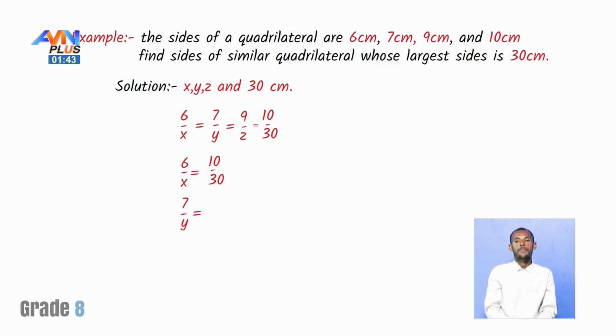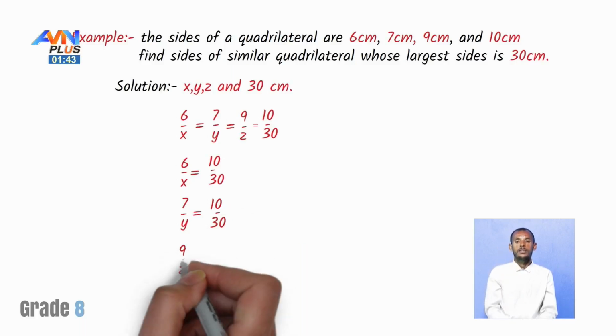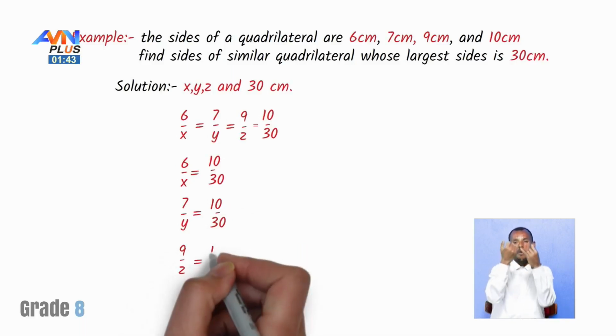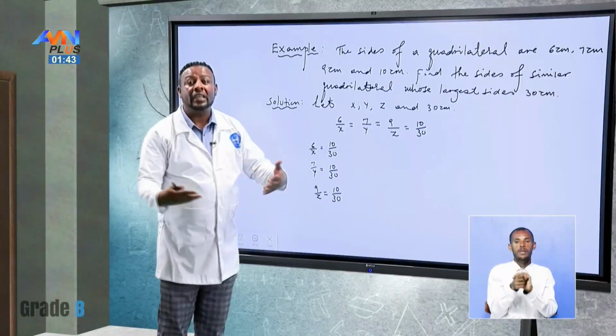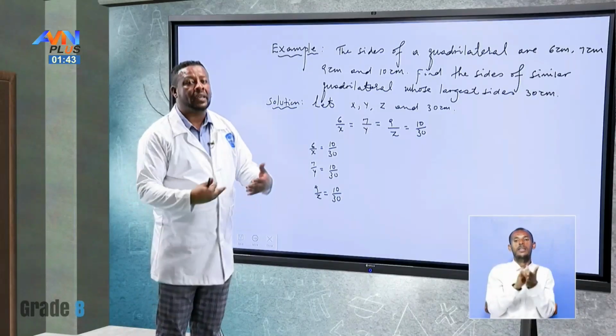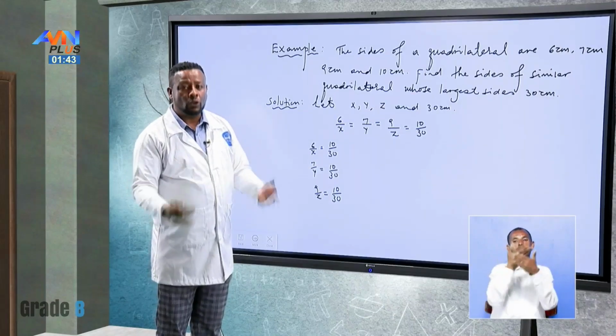The third one that we can take is 9 over Z is equal to 10 over 30. Okay? So as we did in the previous example, the only thing that remains here is crisscrossing each equation and obtaining the unknown variables.